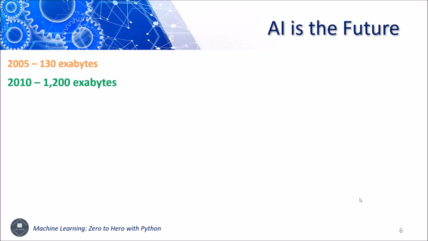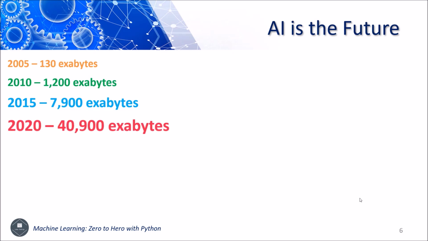Now, in 2010, that number was already 1,200 exabytes. So you can see that in the following 5 years, humans created so much more data. Then in 2015, the number became 7,900 exabytes. Then in 2020, this number is estimated to be 40,900 exabytes of data.